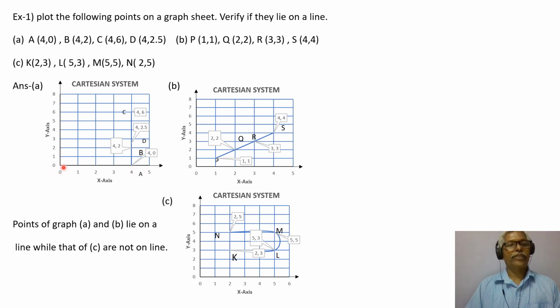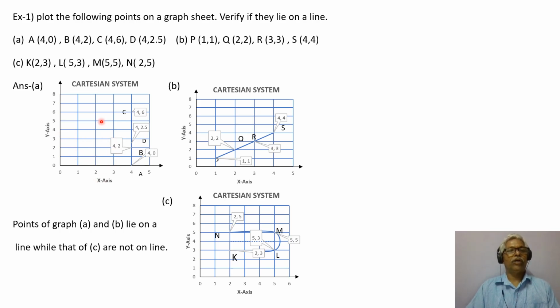The scale on x-axis may vary from the scale on y-axis, but within the x-axis it has to be the same, and within the y-axis it has to be the same. That means this is the distance for x-axis, but all these distances are the same, and for y-axis if this is 1, then at equal distances it will increase by 1 and 1. That is how you have to draw a Cartesian system. You can take both the same, it depends on the scale you need.